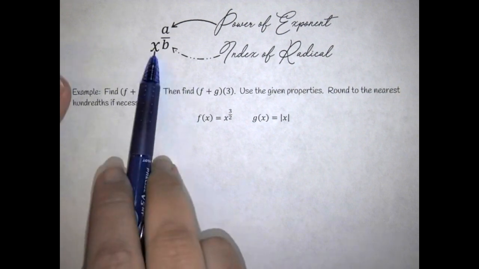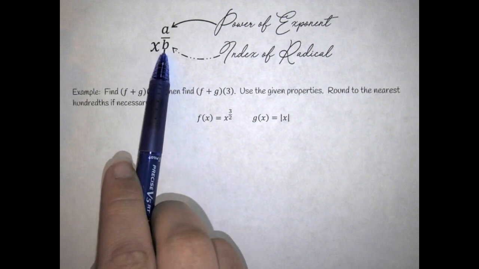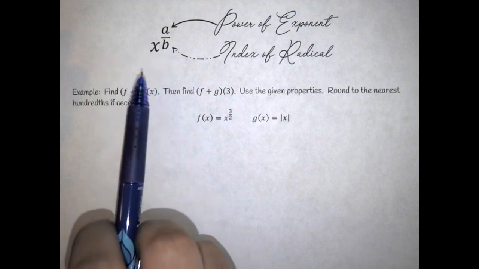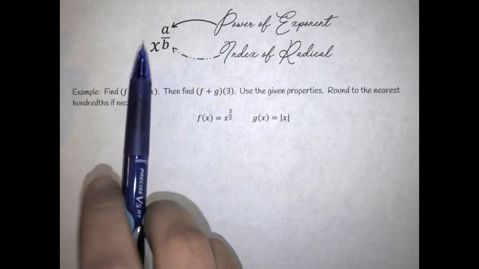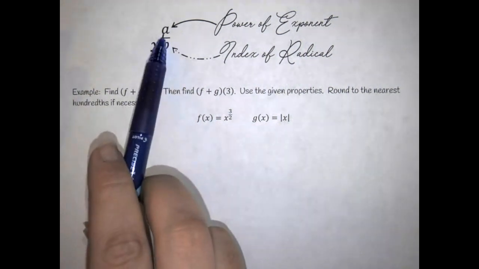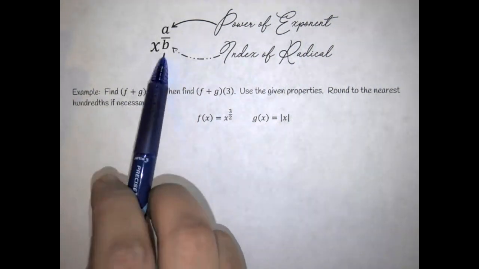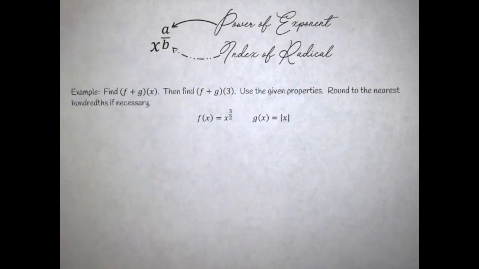When you have any variable raised to a fractional power, the way that fractional power is read is that your numerator term is the power of the exponent, and your denominator term is the power of your index for your radical. Okay? So, first and foremost, you have to know or be able to remember how that actually works in terms of setting things up.